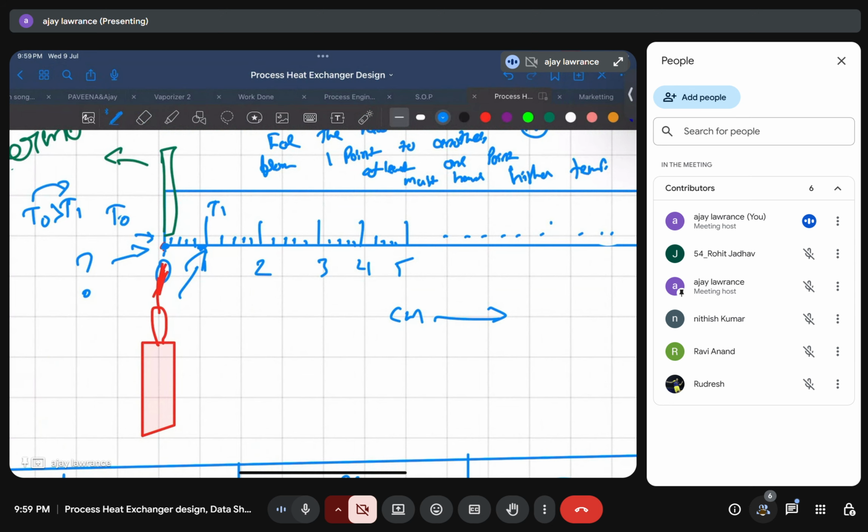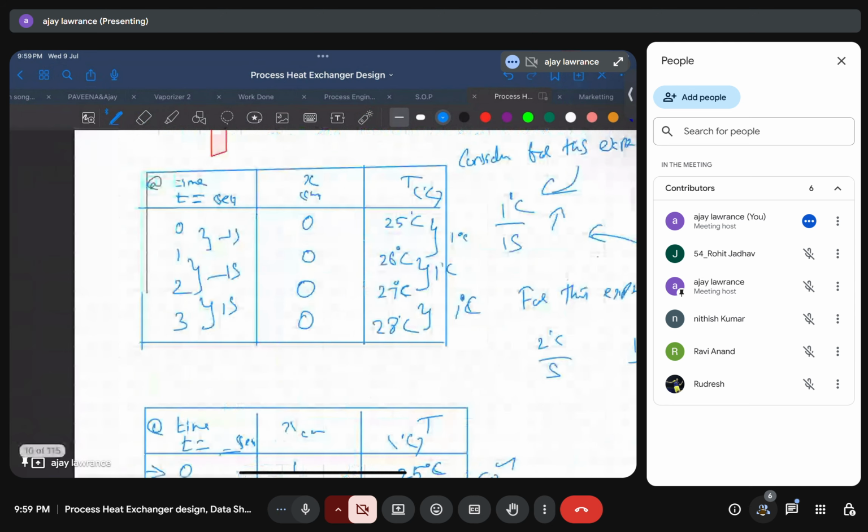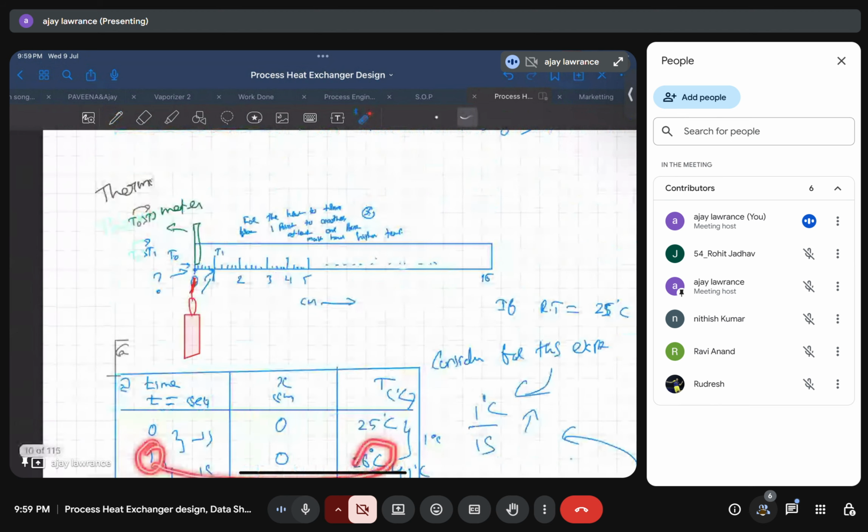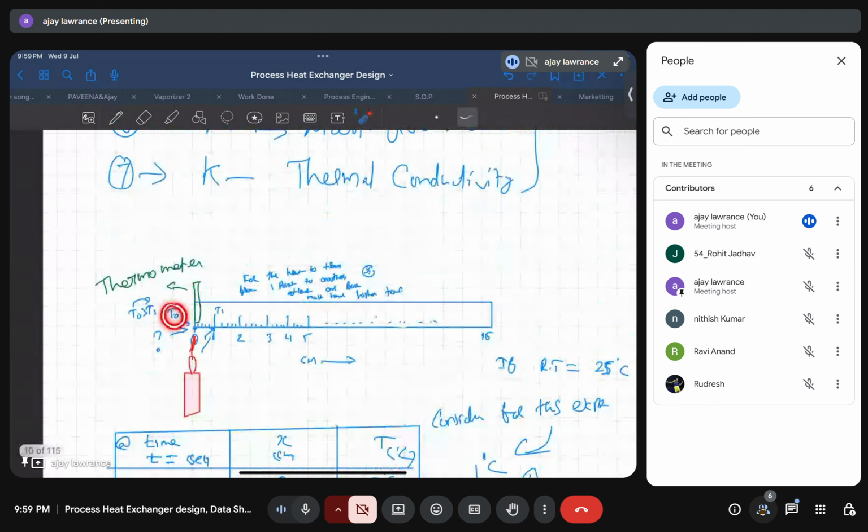Okay, see here, after 1 second only, this point T1 is equal to 26 degrees Celsius. So it takes 1 second for the heat to travel from here to here to increase the temperature by 1 degree Celsius. It takes 1 second, which means no way the heat will have spread here.